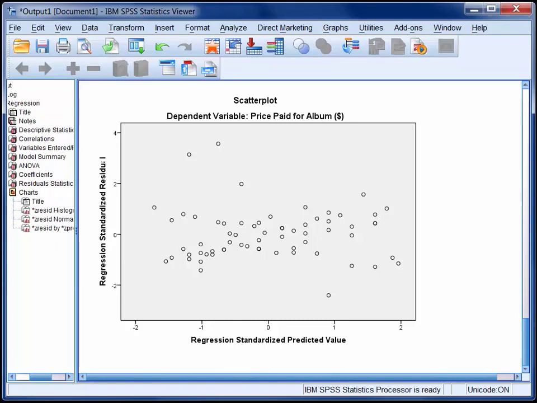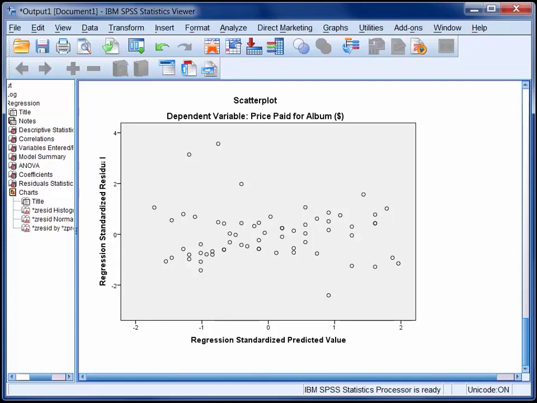For our purposes, if the distribution of points is roughly linear, so it's better captured by a straight line than anything else, we can conclude that the assumption of linearity of residuals has been met. Furthermore, if there's roughly the same amount of variability in the size of the residuals at all predicted values, then we can say that the assumption of homoscedasticity of residuals has been met.